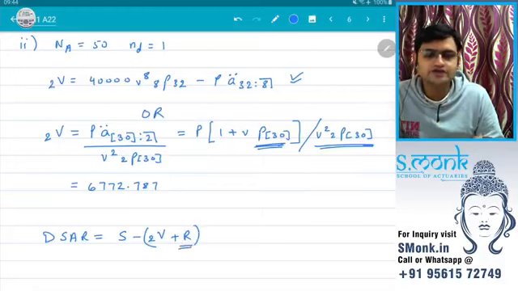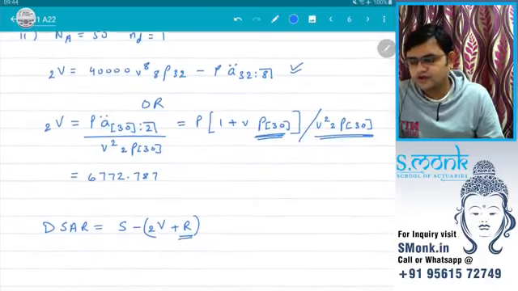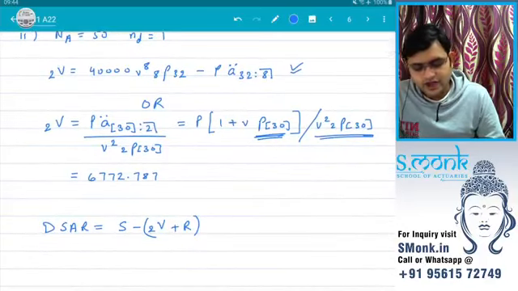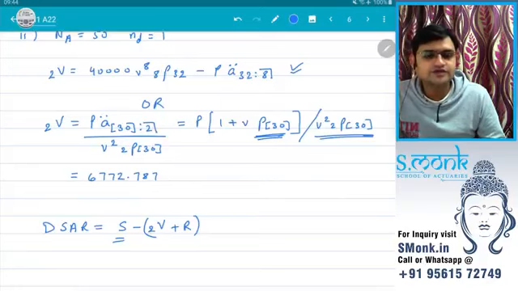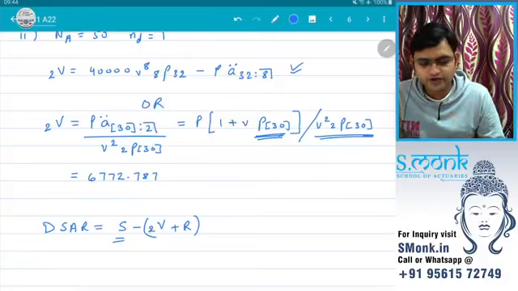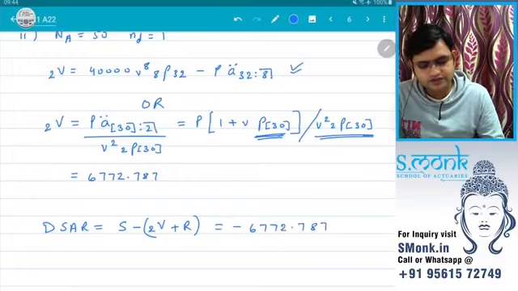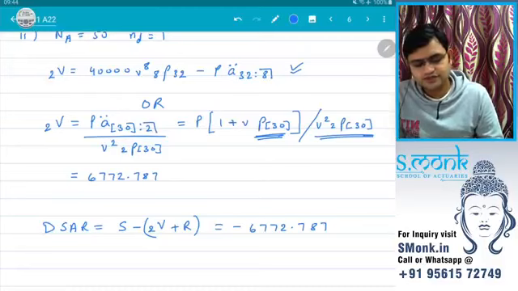No annuity is given at the end of the second year, and also no death benefit is given, because we have only pure endowment value. So this is literally minus 6772.787. This becomes our DSAR, death strain at risk.